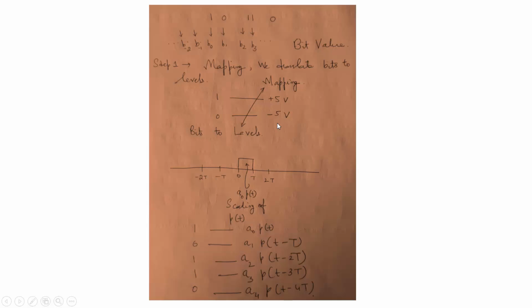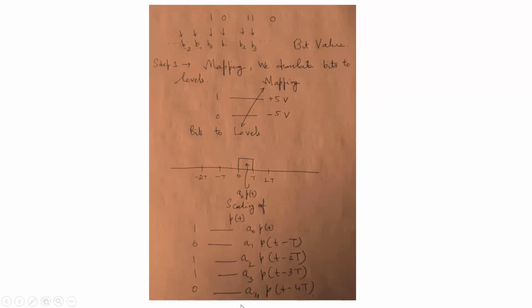This is known as pulse amplitude modulation, because we are using pulse amplitudes to represent ones and zeros. It is also known as baseband modulation. At present, we are not multiplying it with any carrier signal or any high frequency signal. This is a baseband low pass complex waveform.